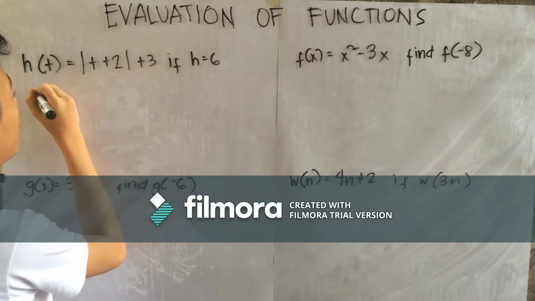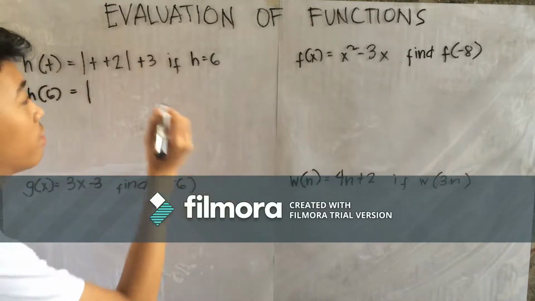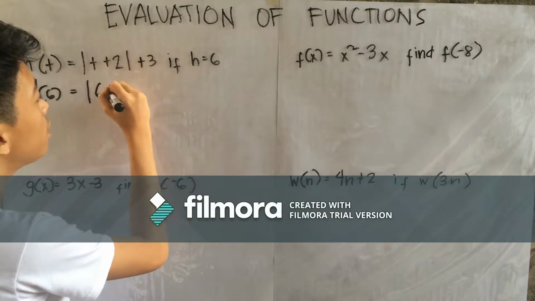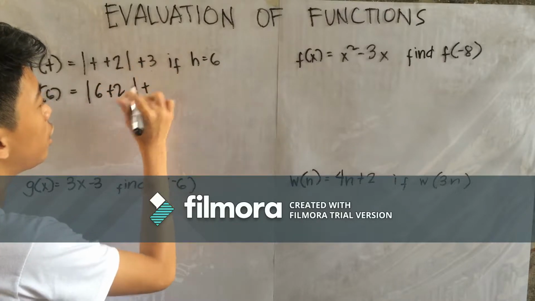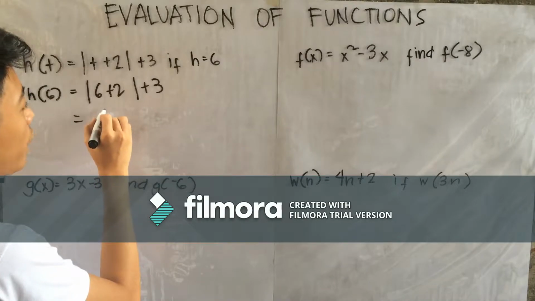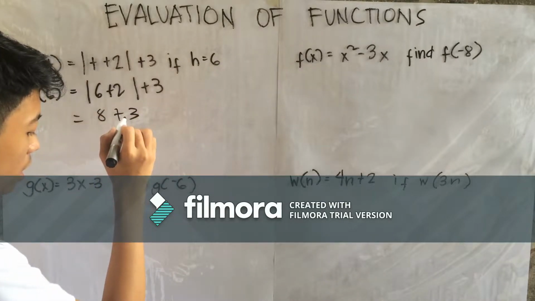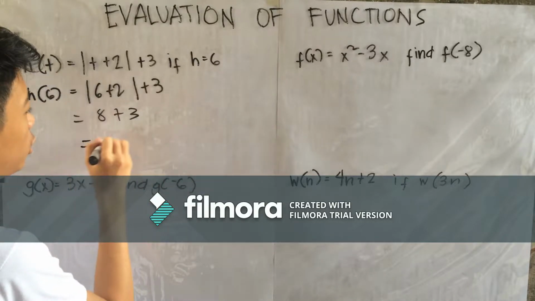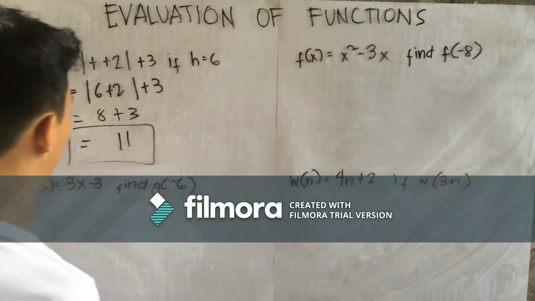So, h of 6 is equals to absolute value of 6, which is 6, plus 2 plus 3. So, plus lang natin to. So, 8 plus 3 is equals to 11. Ganun siya kadali guys. So, next na tayo.